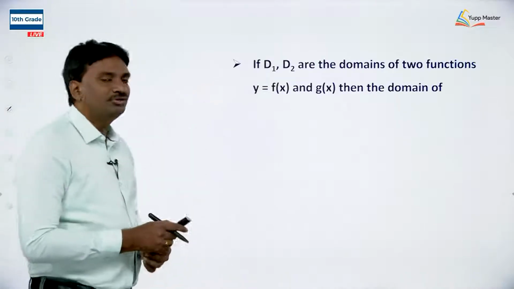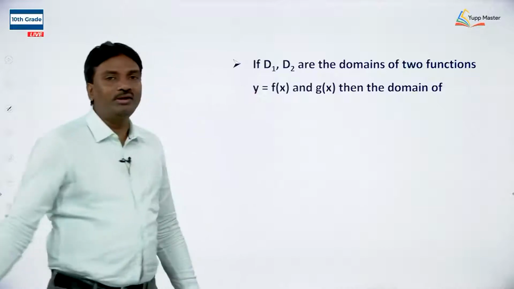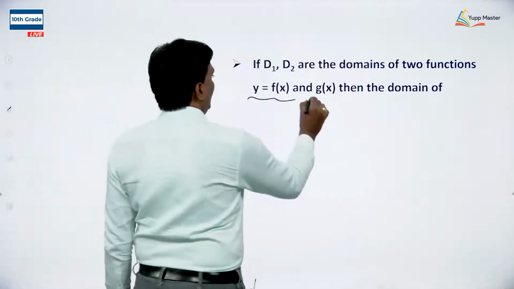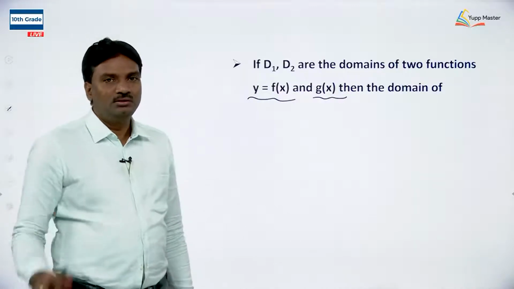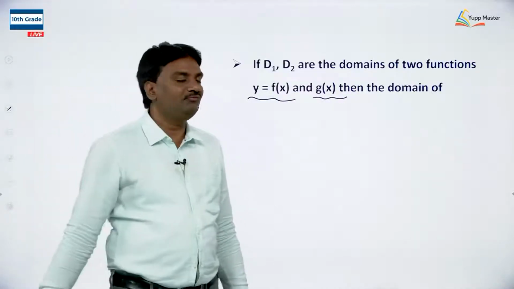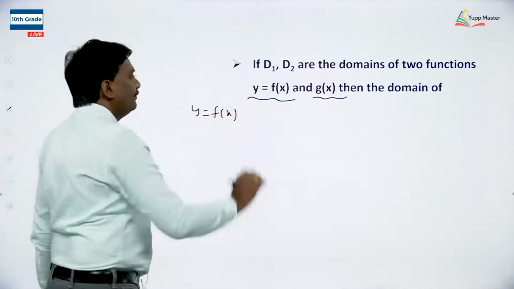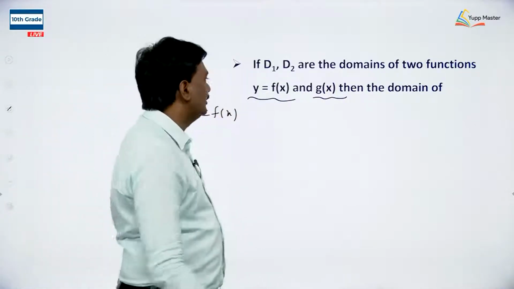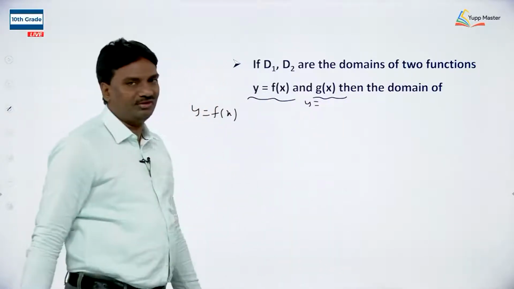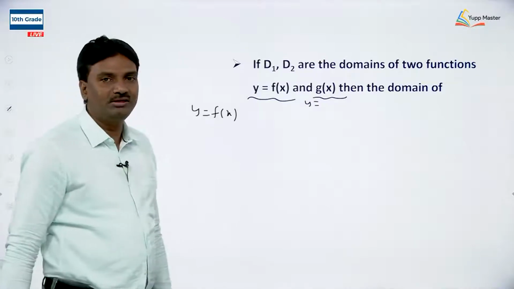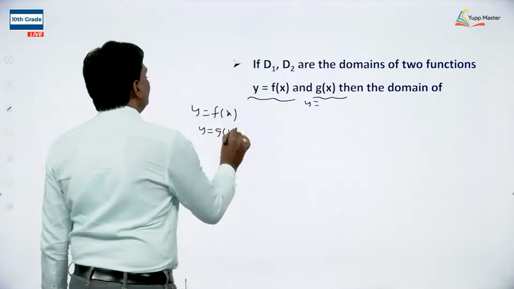Here, suppose d1 and d2 are the domains of 2 functions, y equal to f of x and y equal to g of x. If there is only one function, we take y equal to f of x, but here we have 2 functions. Suppose the first function is y equal to f of x and the second function is y equal to g of x.